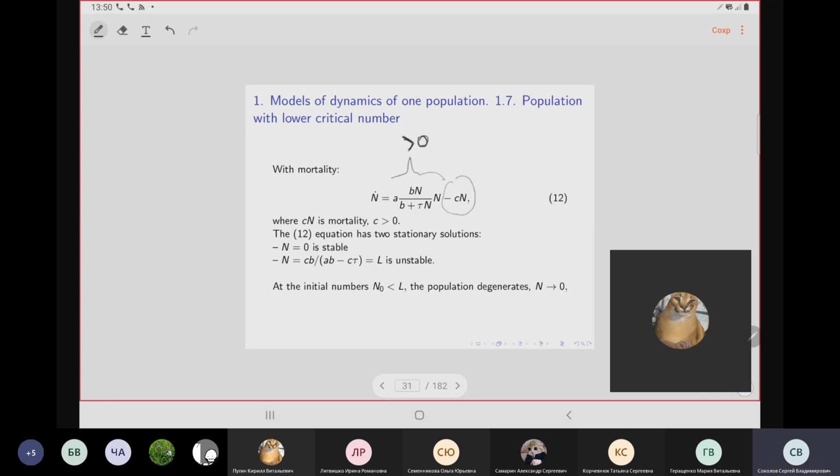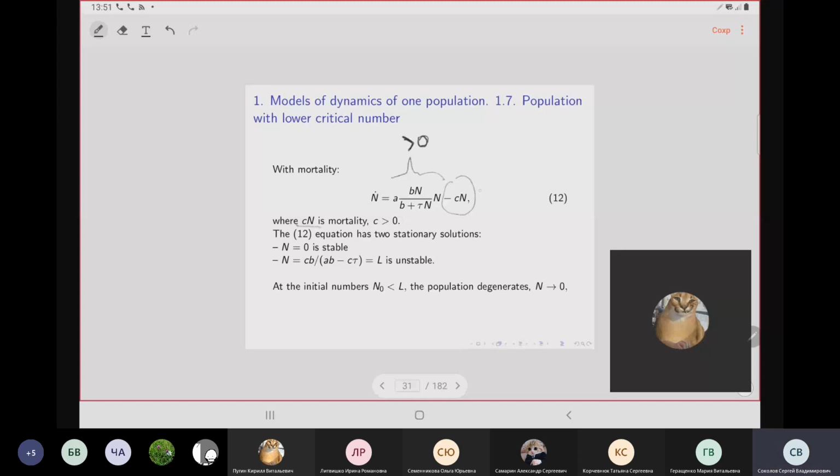So let us assume that the dying probability is evenly distributed, so the coefficient C will also be a constant. So Cn is the mortality? Well, let us consider the right-hand side of the equation. Let us see when n dot is positive and when n dot is negative.